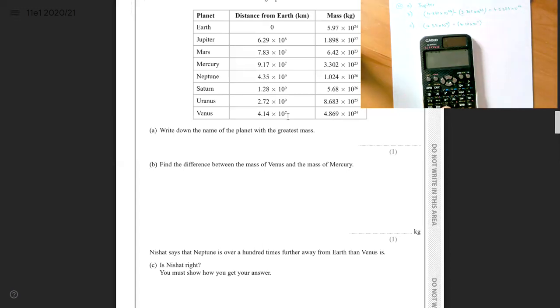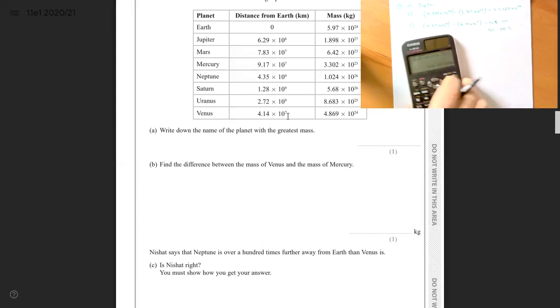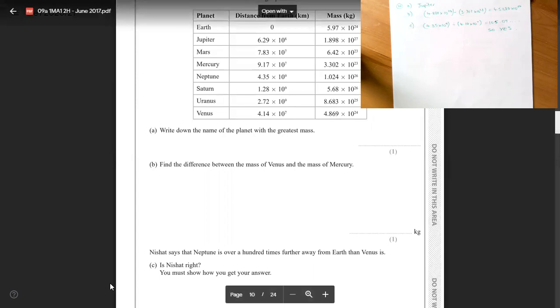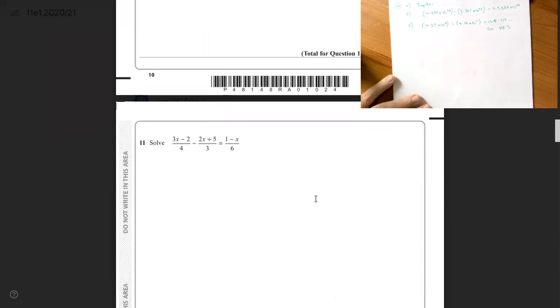Okay, so again, 4.35 times 10 to the power of 9 divided by 4.14 times 10 to the power of 7 equals 105.07. So yes. Okay, question 11.